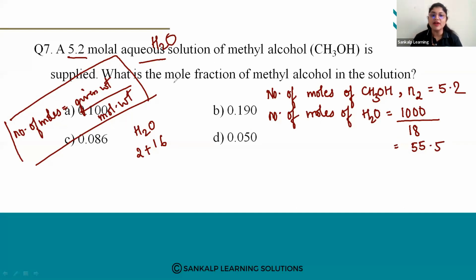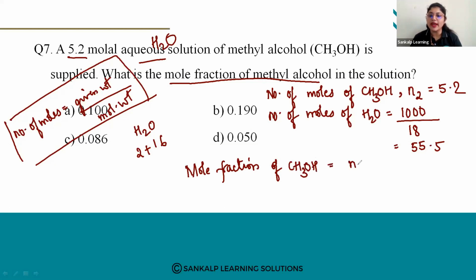Now what have they asked? They have asked the mole fraction of methyl alcohol. So the next step: mole fraction of methanol is equal to N2 divided by N1 plus N2. So this is the formula of mole fraction.